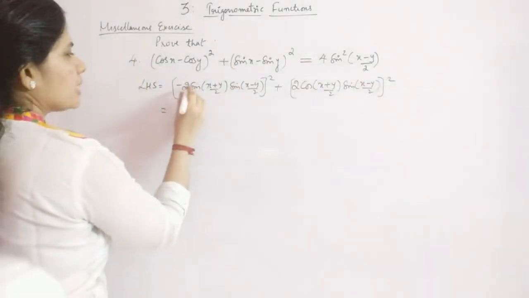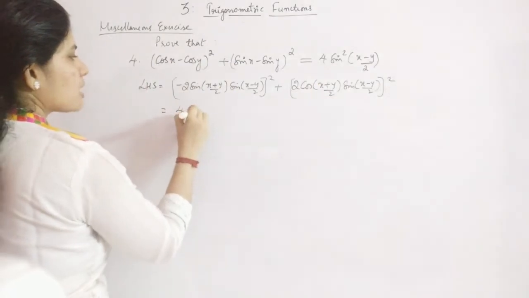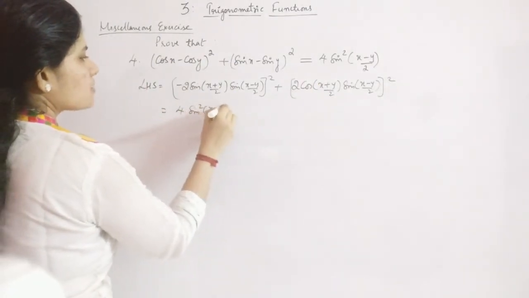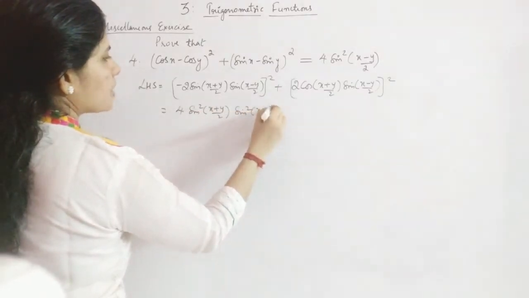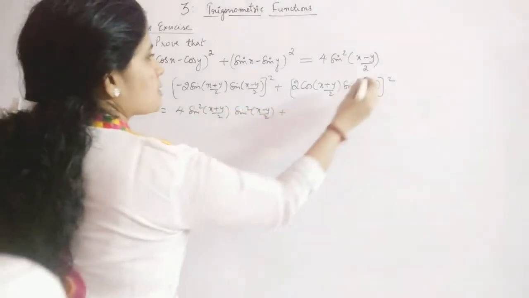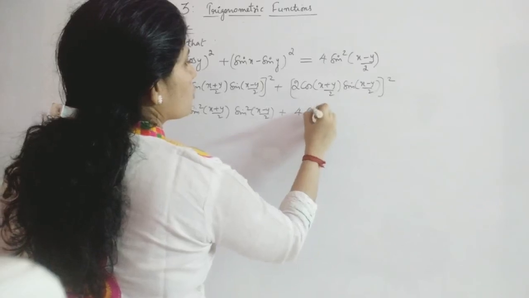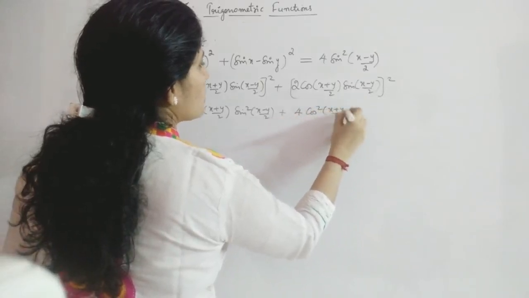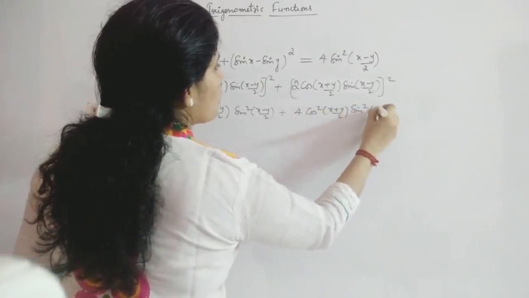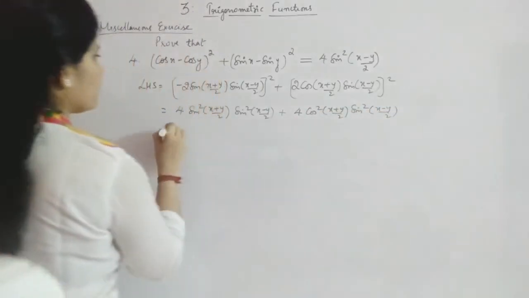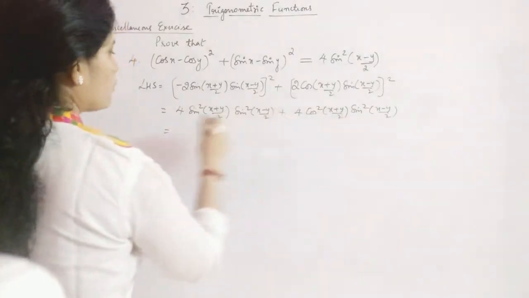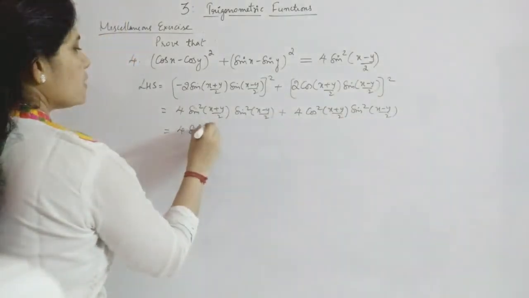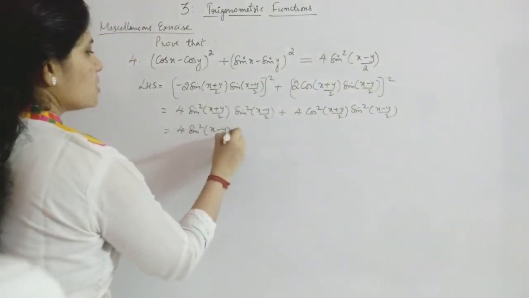So this will give you, negative will go, it will become 4 sine square of (x plus y) by 2 sine square of (x minus y) by 2 plus, this will give you again 4 cos square of (x plus y) by 2 sine square of (x minus y) by 2. What is common here? You just see, you have your 4 and sine square of which angle? (x minus y) by 2 is common.